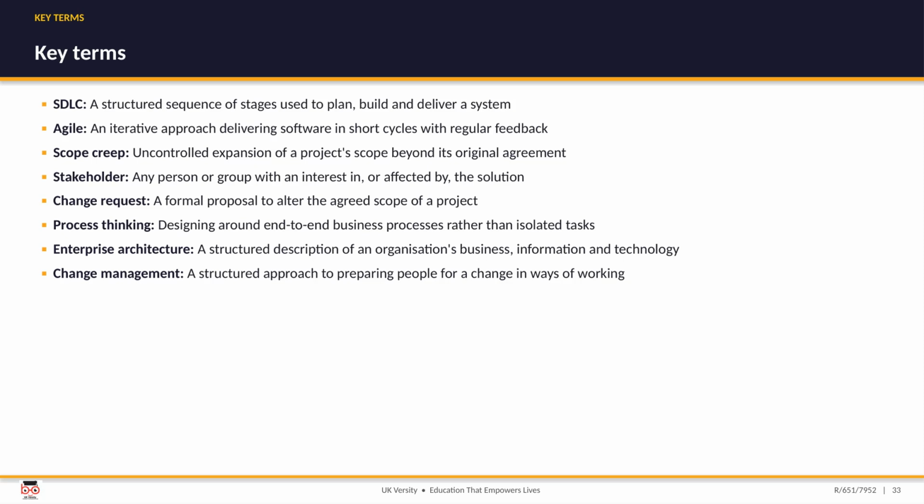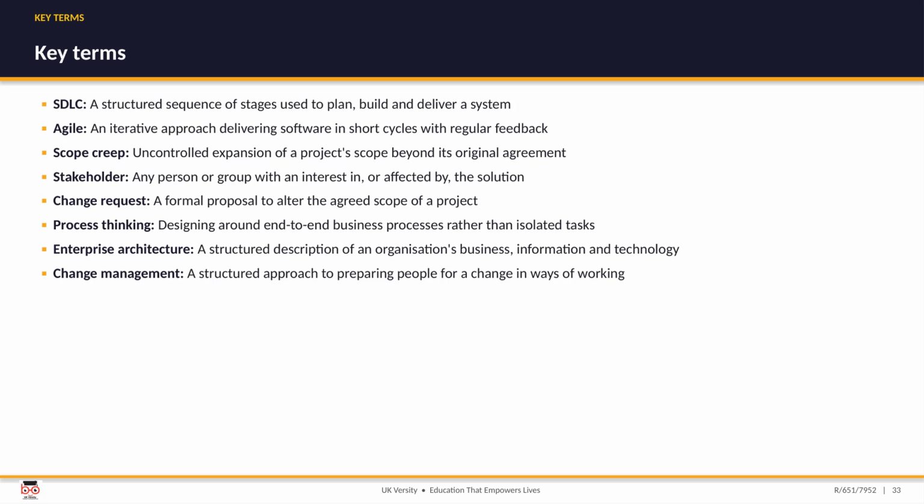Before we wrap up, let's consolidate the key terms. The SDLC is the structured sequence of stages used to plan, build, and deliver a system. Agile is an iterative approach that delivers software in short cycles with regular feedback. Scope creep is the uncontrolled expansion of a project beyond what was agreed, and a change request is the formal proposal to alter that agreed scope.